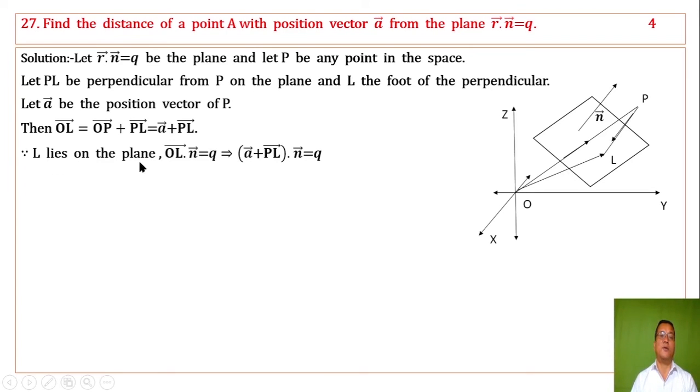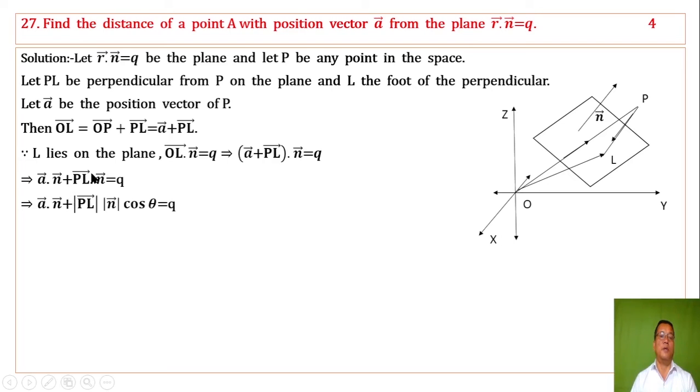Since L lies on the plane, therefore OL vector dot n vector equal to q. But OL is equal to a vector plus PL vector, with dot n vector equal to q, from which we have a vector dot n vector plus PL vector dot n vector equal to q.